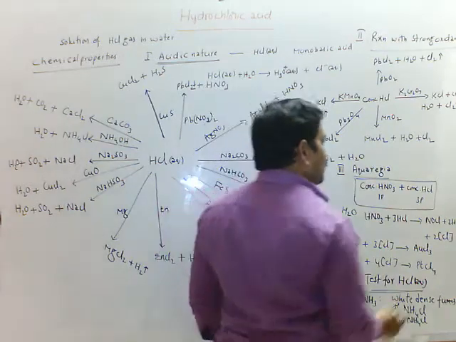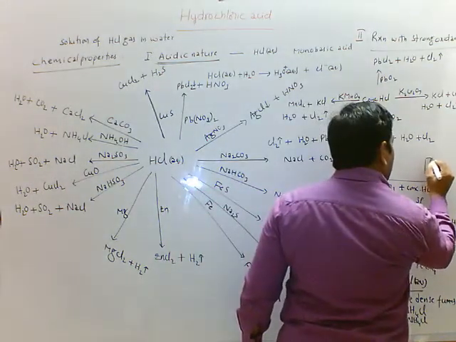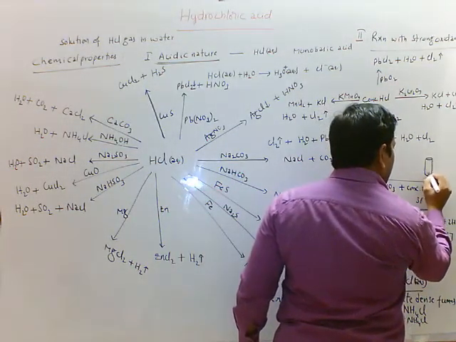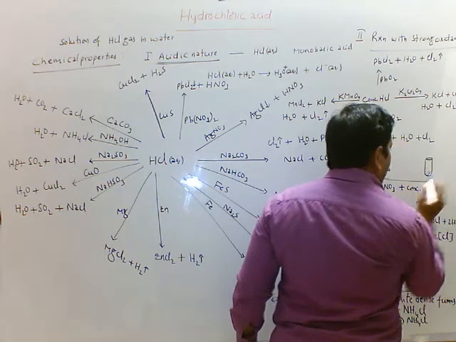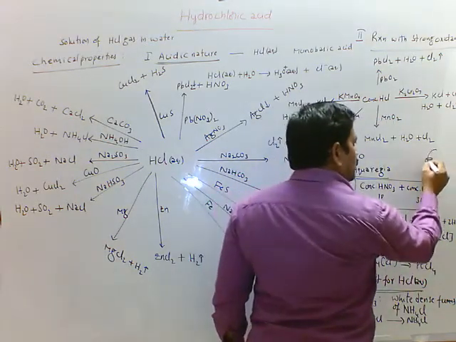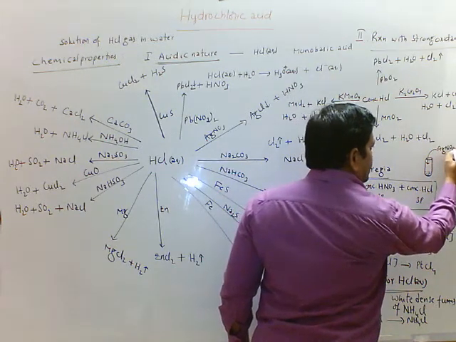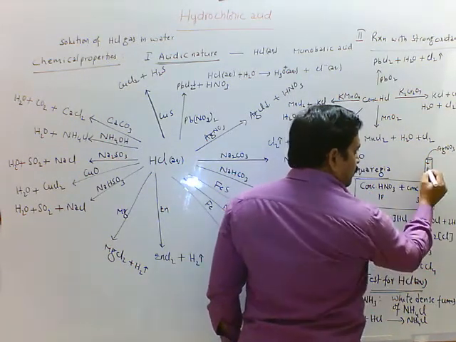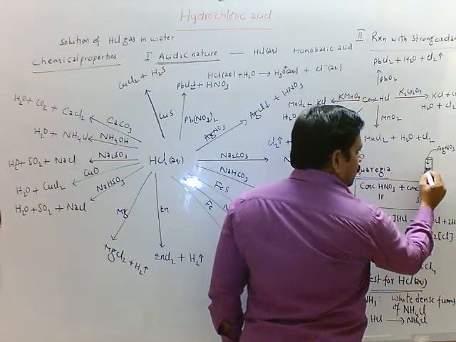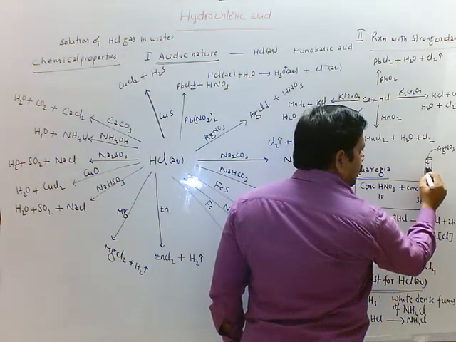See, this is our test tube. In this it is hydrochloric acid. To this I am adding silver nitrate solution, AgNO3 solution. When we are adding AgNO3 solution, white cloudy precipitate is formed.